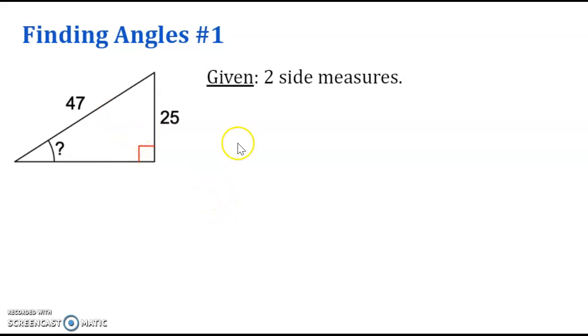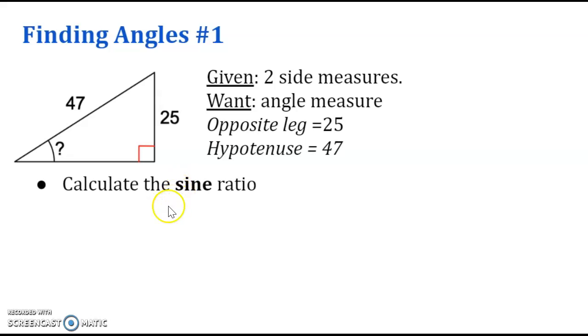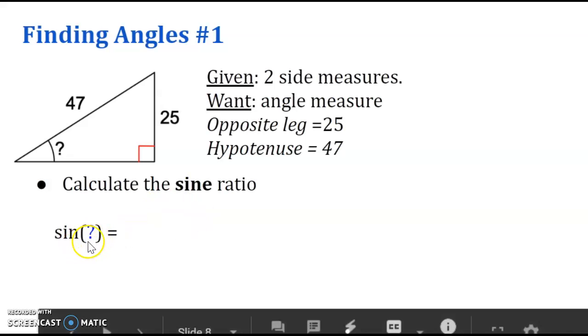Well, we know the opposite leg is 25 units and the hypotenuse is 47 units. So we need to use the sine ratio, and then sine of whatever the angle, we do not know what it is, is going to be opposite, which is 25, over hypotenuse, which is 47. And when I do that, I get about 0.53 as my ratio.